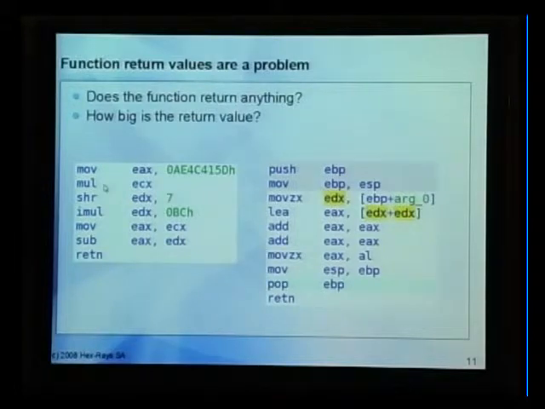Another example about return values. The example on the left. What does it return? Usually we know that the return value is in EAX. And we say, okay, we know that EAX. But what about EDX? Do we return something there or not? Again, based on my experience, I would say no, it doesn't, because we subtract EDX from EAX.